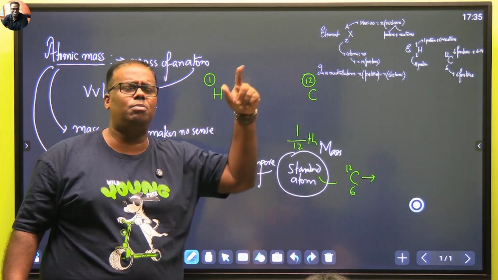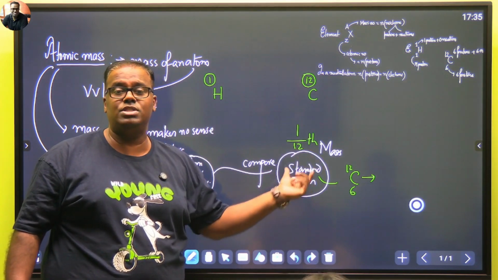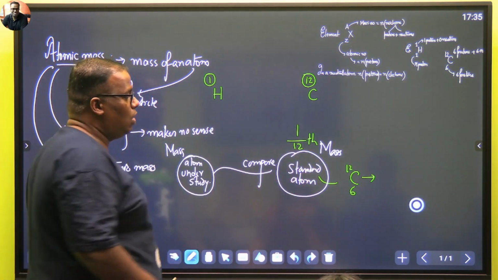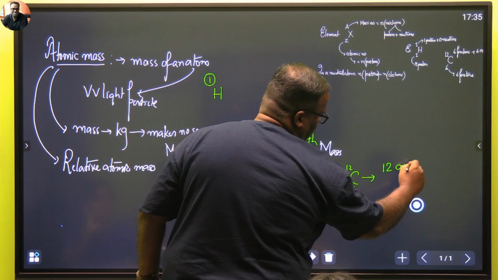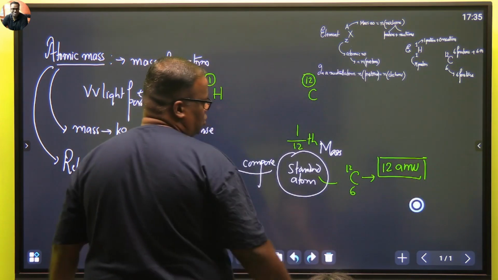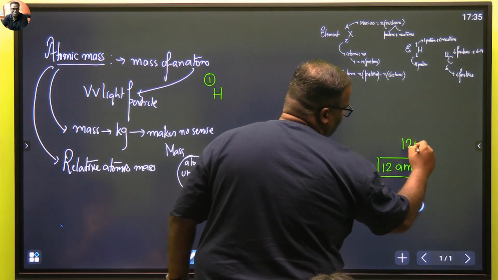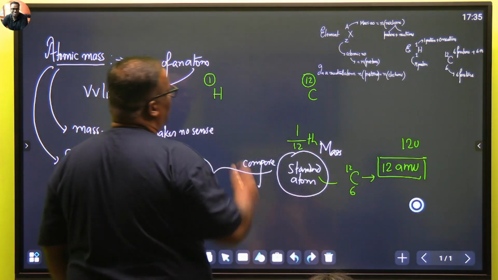But we can't keep saying carbon again and again. If carbon is the standard, I have to assign a standard value to it. So arbitrarily, carbon has been assigned the value of 12 atomic mass unit. This is an assignment that we have given. Carbon is 12 atomic mass unit, written as 12 u. Now, everyone will be compared to 1/12 of 12. So how do we see hydrogen?